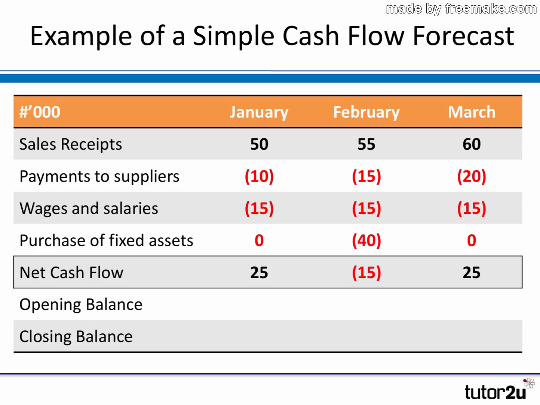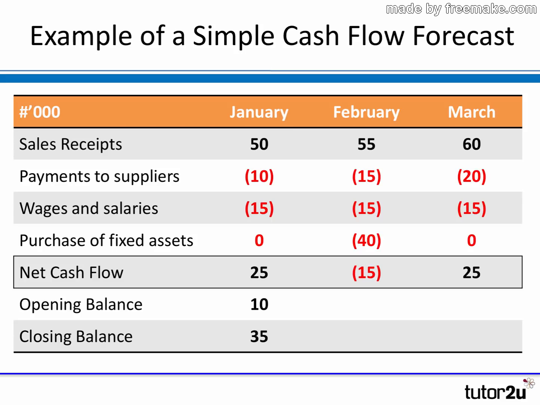What you can then do is work out what happens to the cash balance. And the way to do this is to use what's known as opening and closing balance. So let's say the opening balance was 10,000 at the start of January. We know that the net cash inflow in the month was 25. That must mean that the closing balance at the end of the month was £35,000. And if you imagine what happens at the end of a month, it transfers over to the start of the next month.